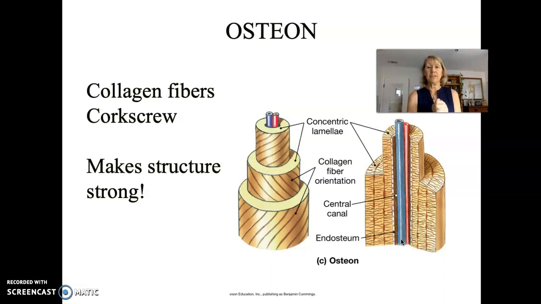It makes it very strong because the orientation is in different directions. So if you have these concentric circles making up your bone, it's going to make for a greater strength. Now, that one region irrigated by the one artery and the vein is called an osteon. Okay, so bone is made up of hundreds of osteons and surrounded by collagen fibers.